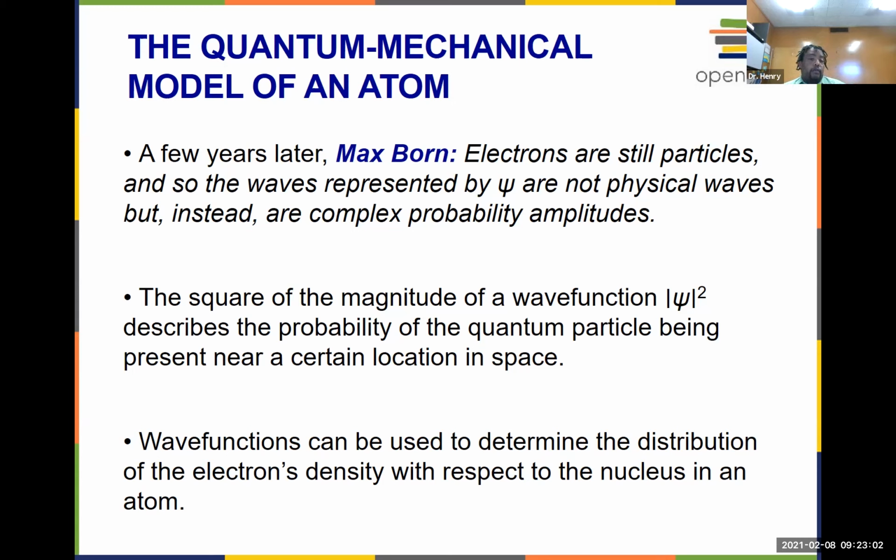So we're working with stationary waves, meaning it's at a fixed point, but it's a 3D form of that. These electrons stay within a fixed region. The electrons are still particles, right? And the wave represented by the wave function is not necessarily a physical wave, but instead it's basically complex probability amplitudes.